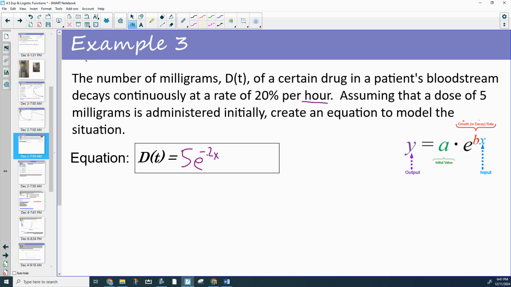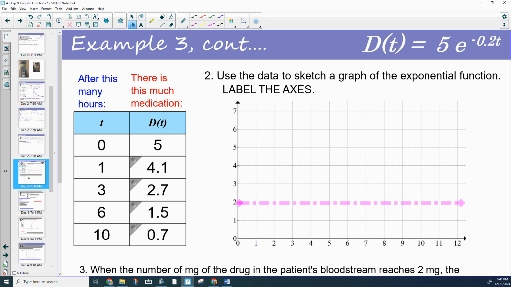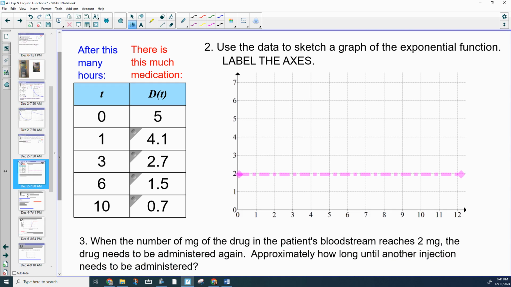All right, so this one already has those pieces filled in as we're going through. Again, you should be able to type it in one time and then just arrow up, change the T value. They use T here instead of X, so it doesn't matter. I'm just representing time. As you put those in, you should be able to get those values.